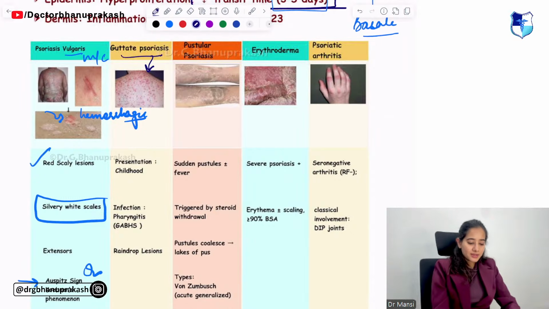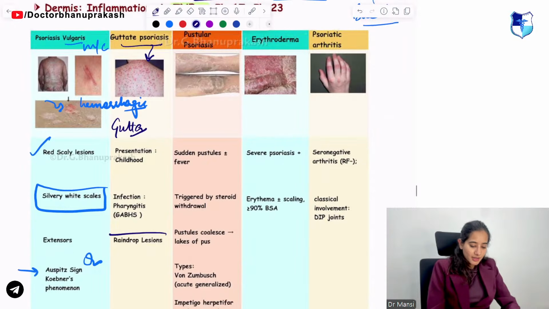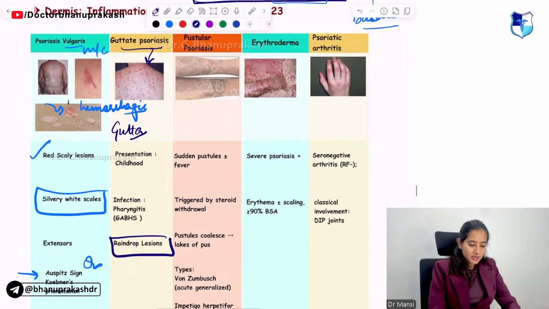Guttate psoriasis, the word gutta means raindrop. So this is a raindrop kind of lesion which is seen in them. They are present in childhood, and group A beta hemolytic streptococcus is the causative agent.